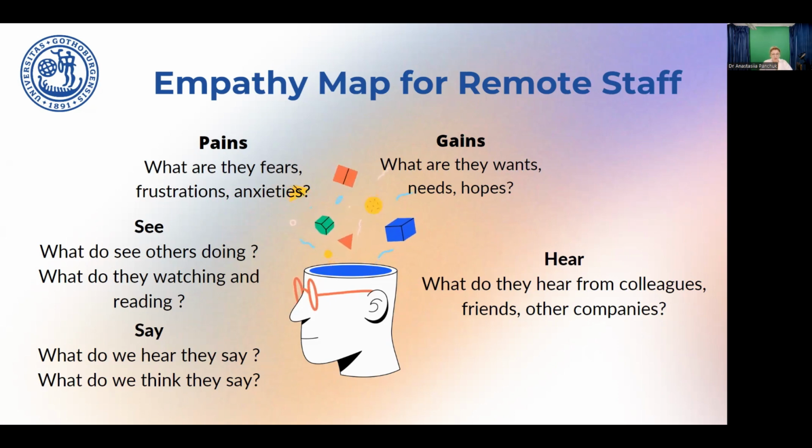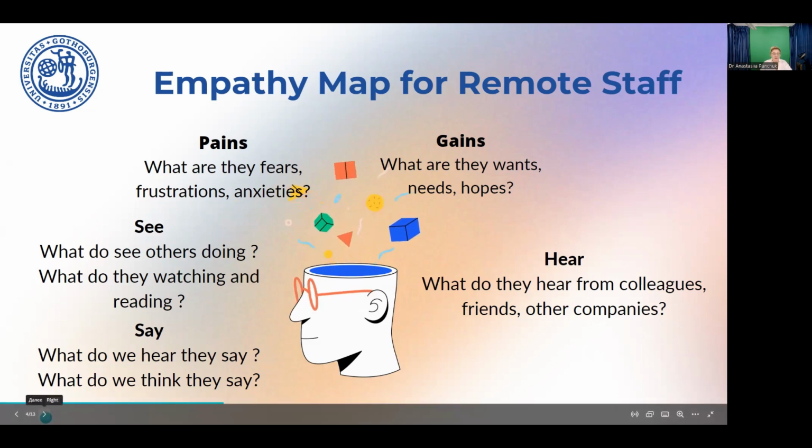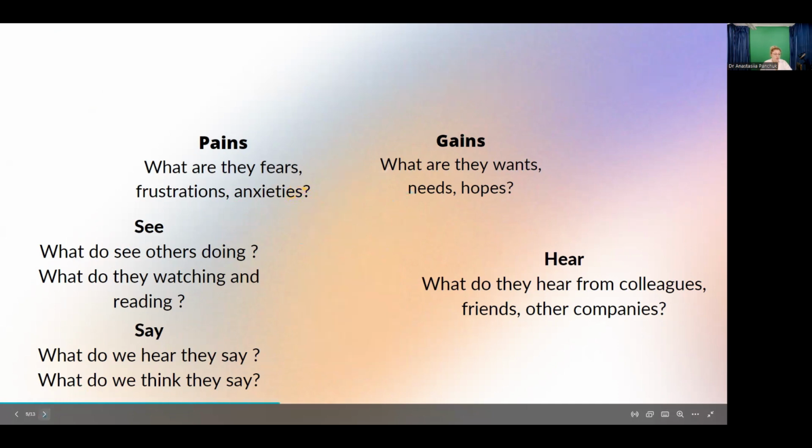What are they hearing all the time from their colleagues, from their friends, from the workers in other companies, from their family when they work remotely? The most important thing is to understand what they are saying about their remote work. That is how we identify their pains, their fears, and the gains, what they expect from the remote work. And of course, these pains should be reduced and the gains should be increased and appreciated.